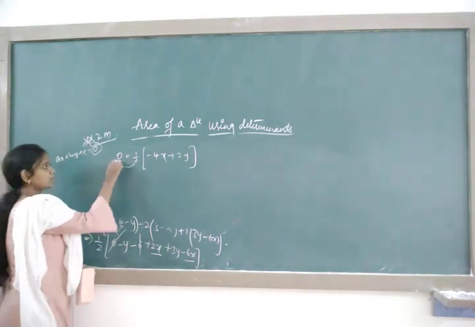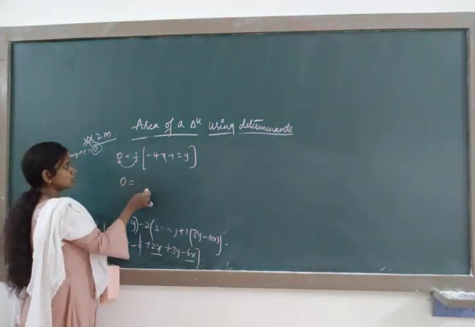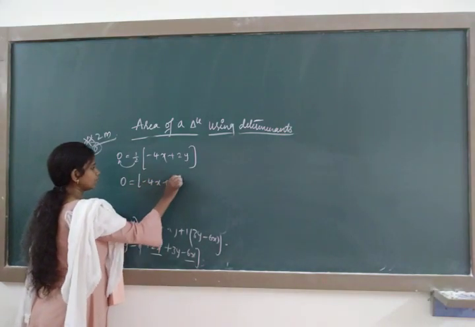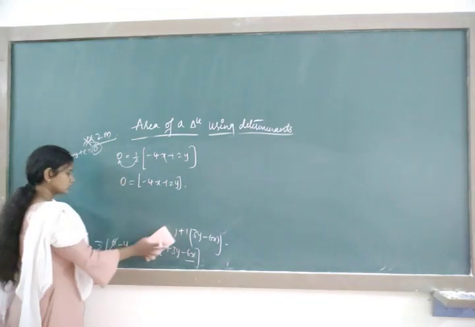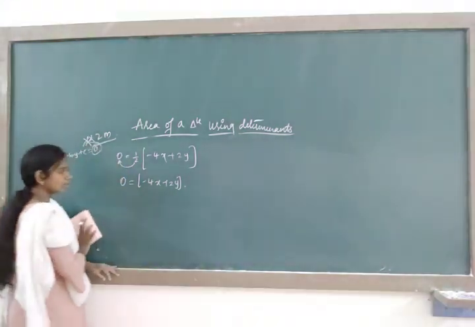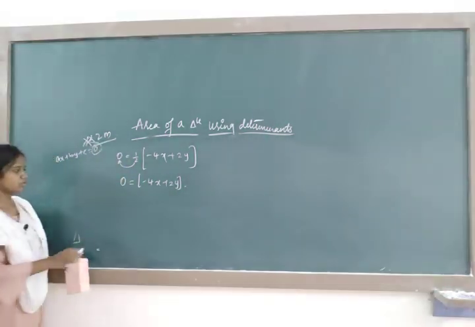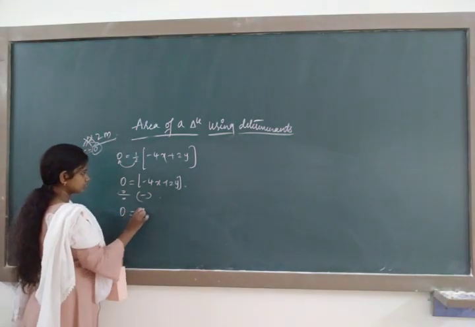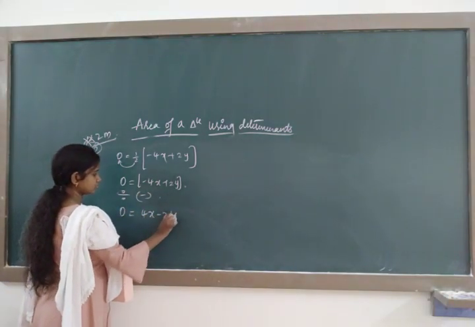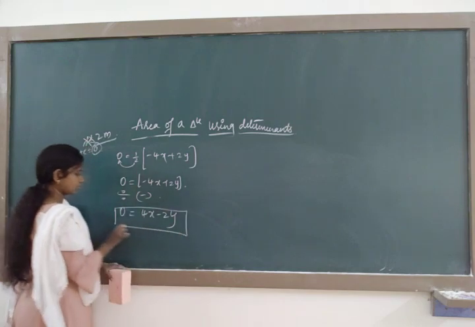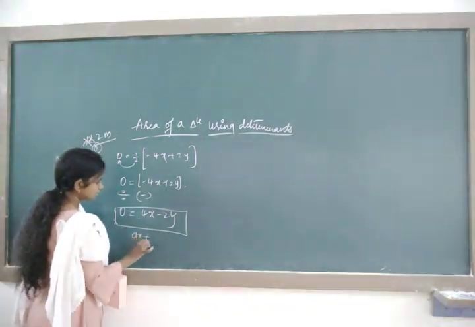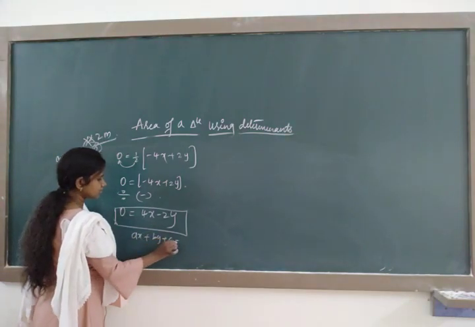Now cross multiply the 2 to this side. 2 into 0 is 0. Now it's minus 4x plus 2y. To look nice, I will keep the x value positive, so divide throughout by the minus sign. This is of the form ax plus by plus c equal to 0.